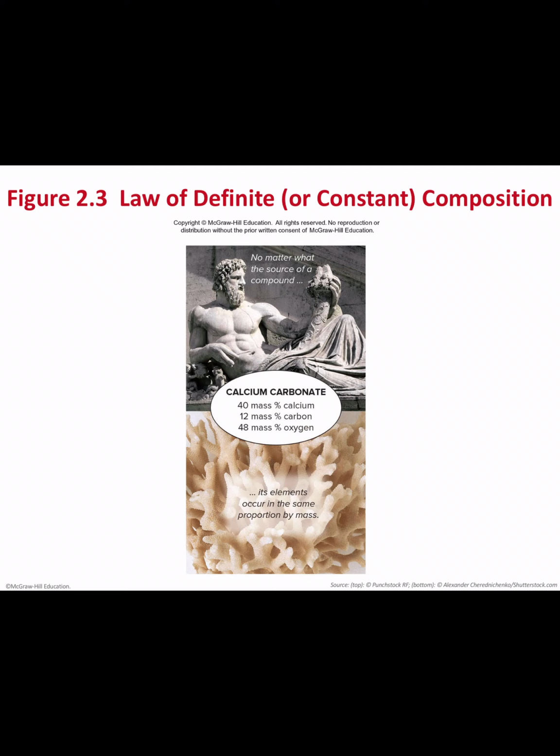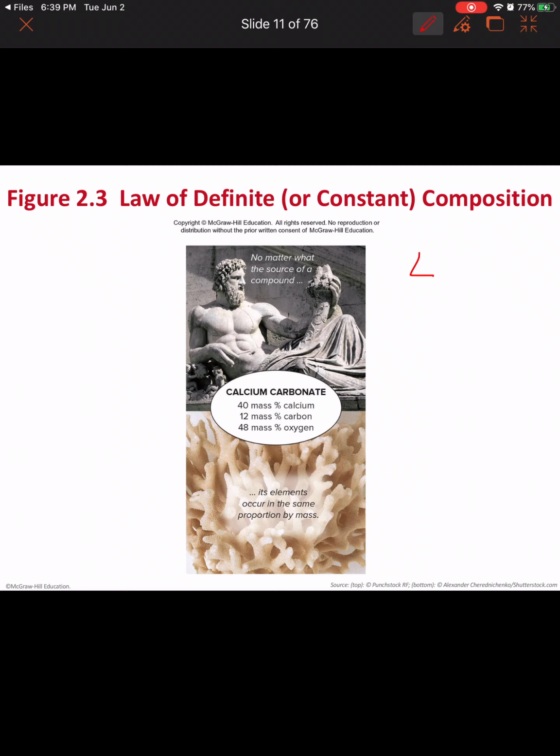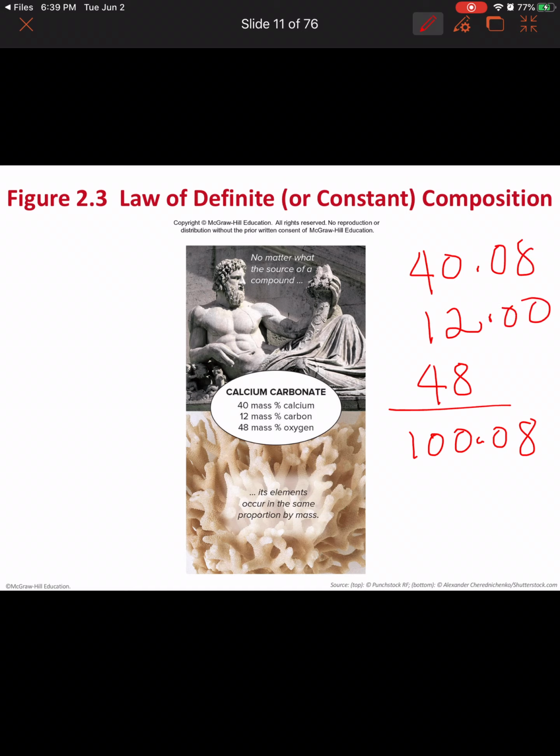Remember, we talked about earlier that the calcium molar mass is 40 and carbon is 12. Oxygen 16 times 3, 48. When you add up all these, that's 100.08. Okay, 100.08.